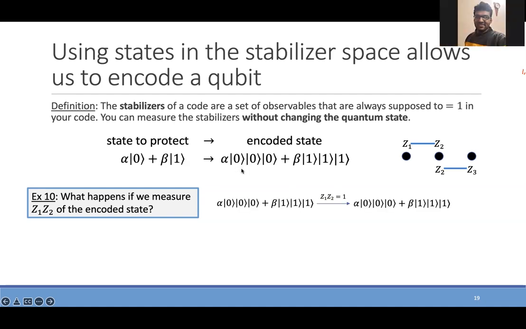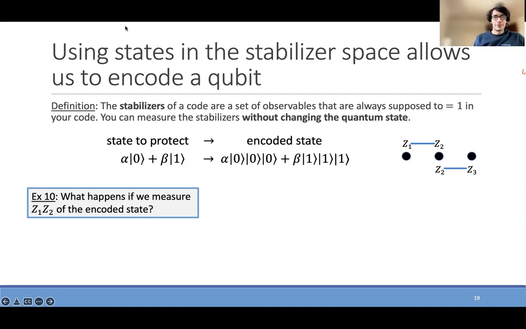So it's this again 1, right? Right. They both have Z1, Z2 equal to 1. Yes. So what that means is that if I'm already in a state with Z1, Z2 equal to 1, when I measure Z1, Z2, nothing happens to it.